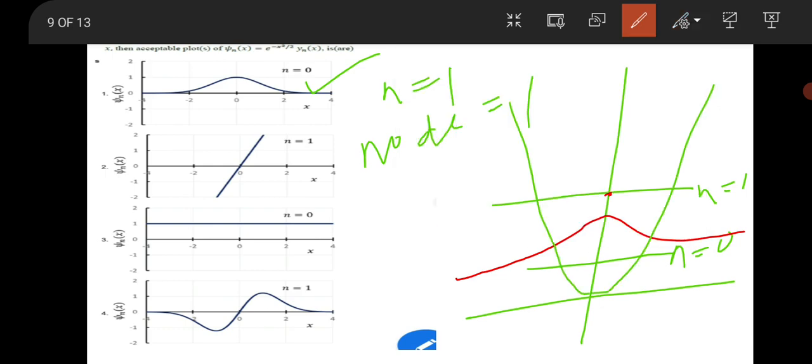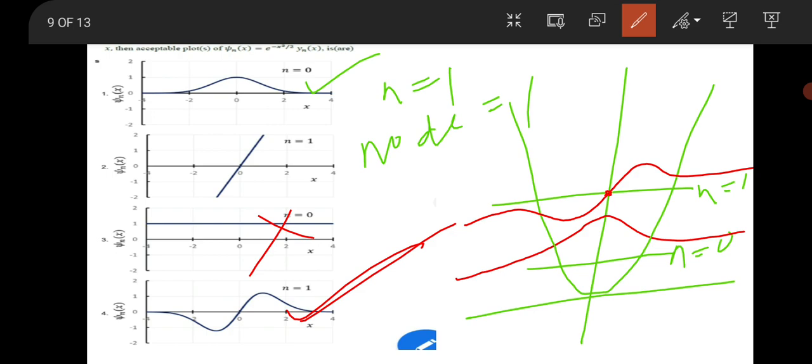And there is quantum spreading of the wave function into the classically forbidden region. So for n equal to 1, the wave function is like that. So this is the best description for the n equal to 1 state.